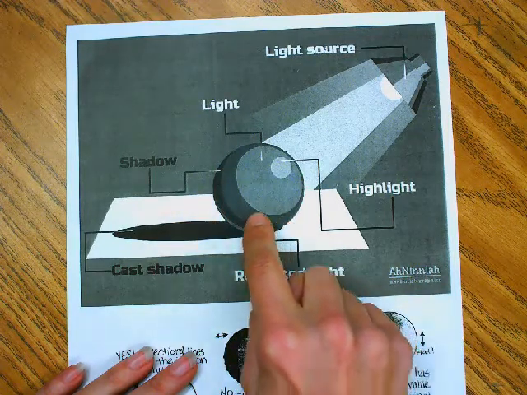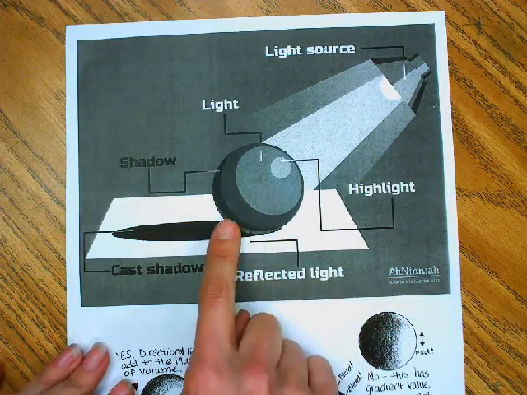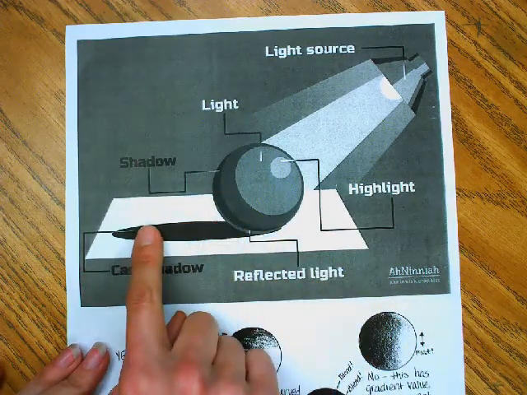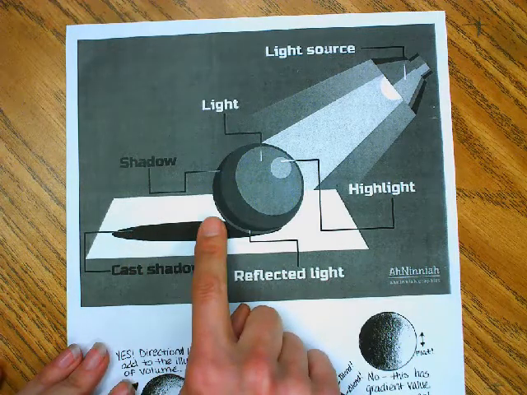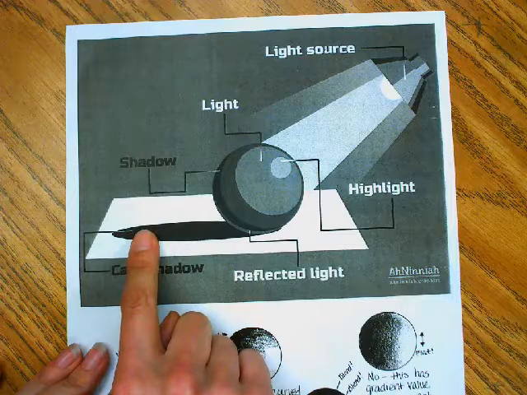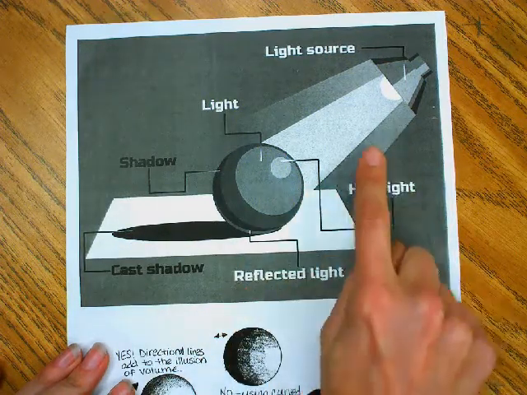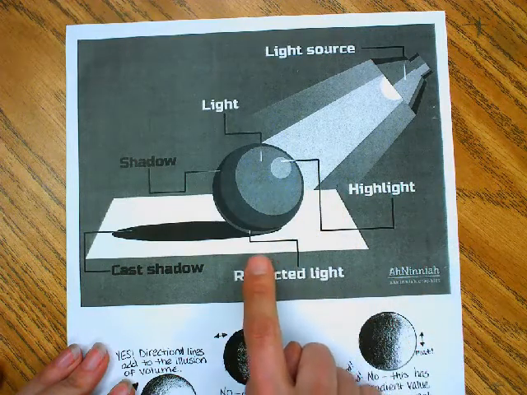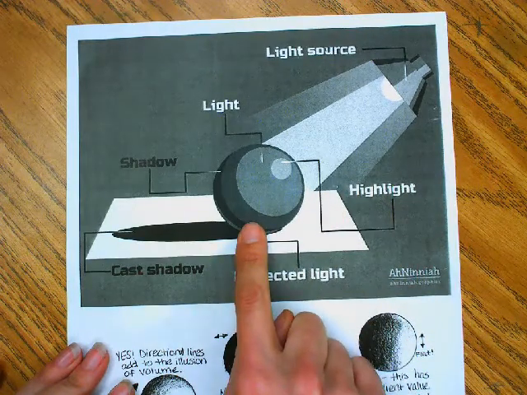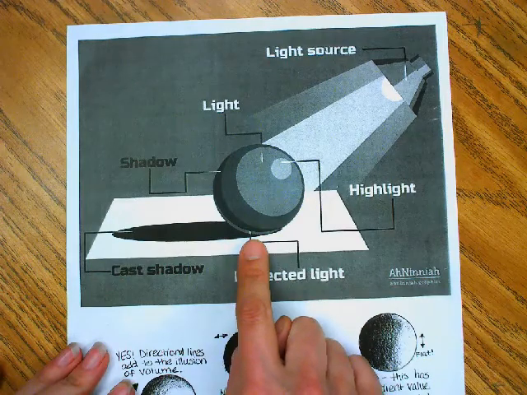Then the cast shadow is on the surface the object is sitting on, where the light is blocked, so it is opposite your light source. And then your reflected light is where your light source is shining onto the surface and reflecting back onto the base of the object, just a subtle highlight.